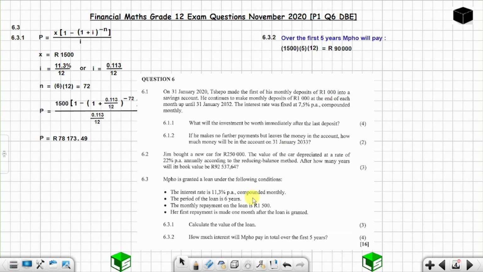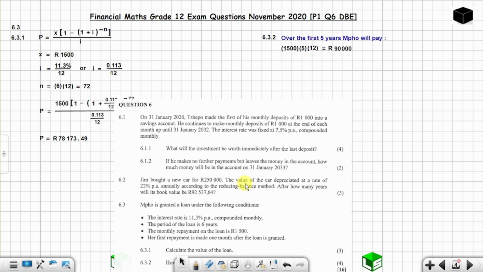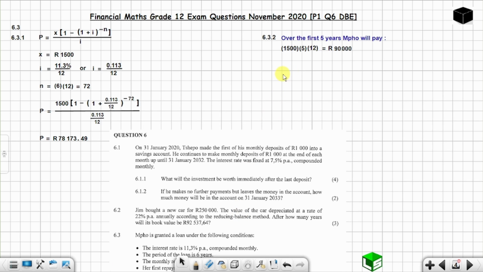Now the question is to find the interest, the amount on top for a period of 5 years. You are told that the loan she's given is for a period of 6 years.